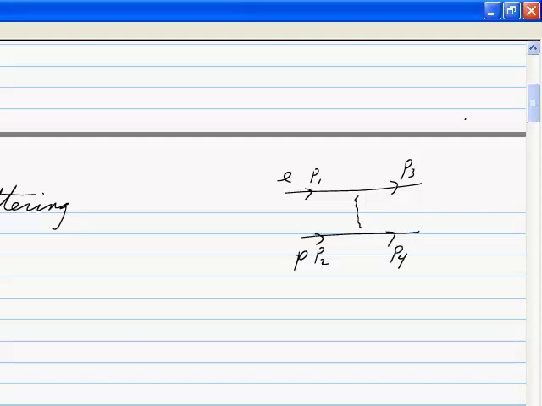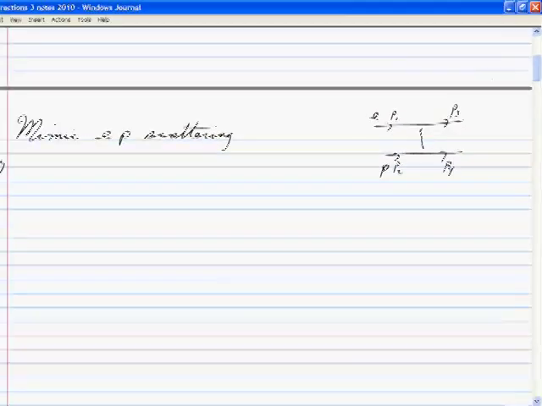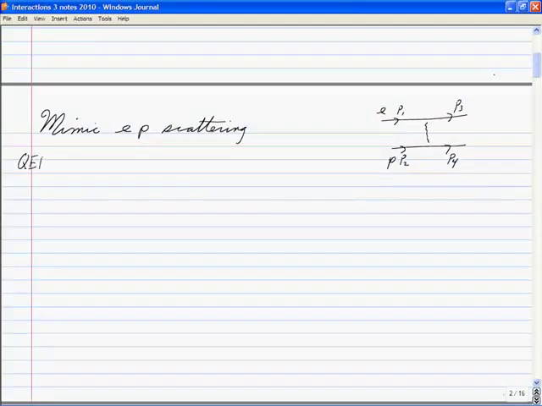Okay, so in real QED, the interaction Lagrangian is the following form.